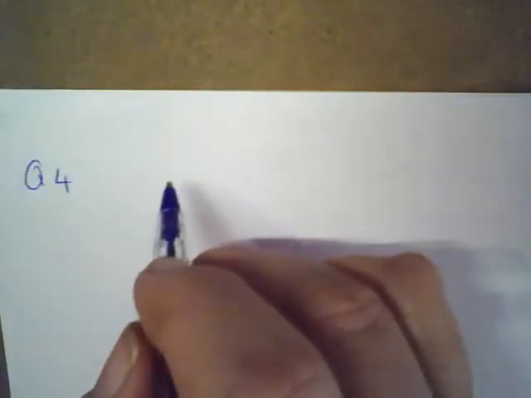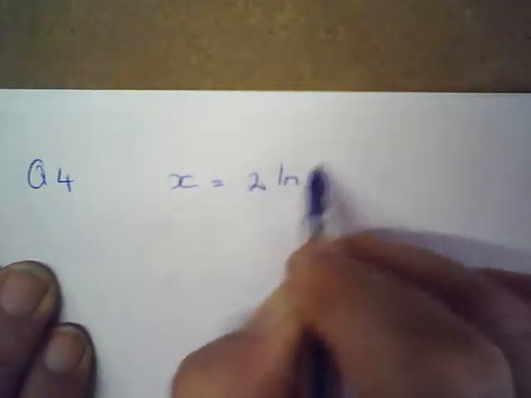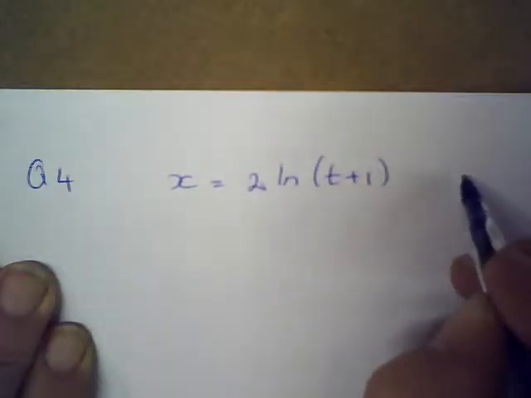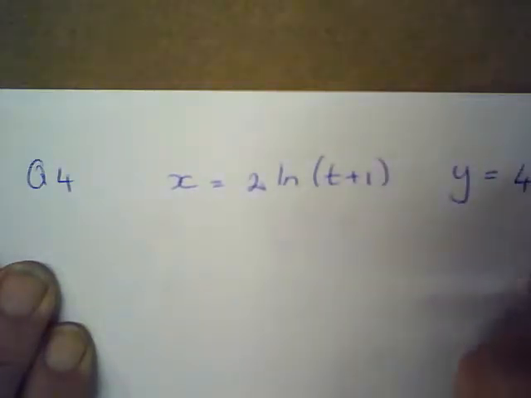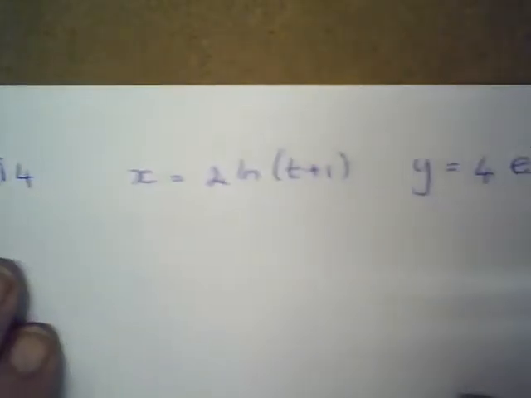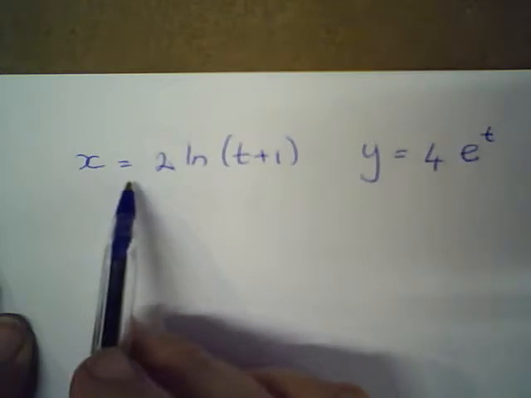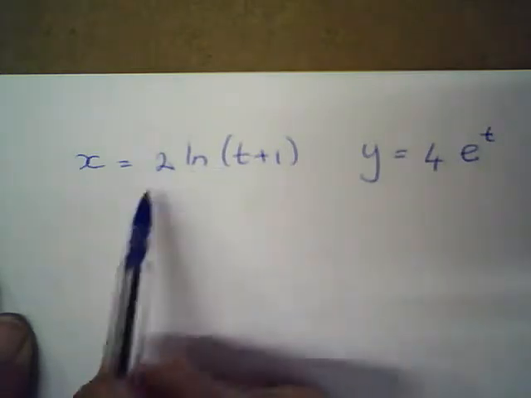So let me copy the question down first. Question 4. We are given x equals 2 natural log (t plus 1) and y equals 4 e to the power t. That's the two equations, and the parameter is t.